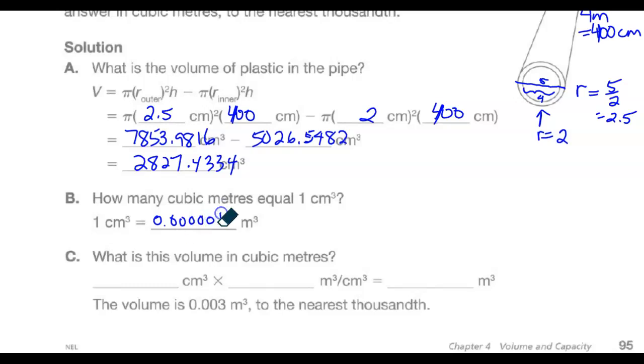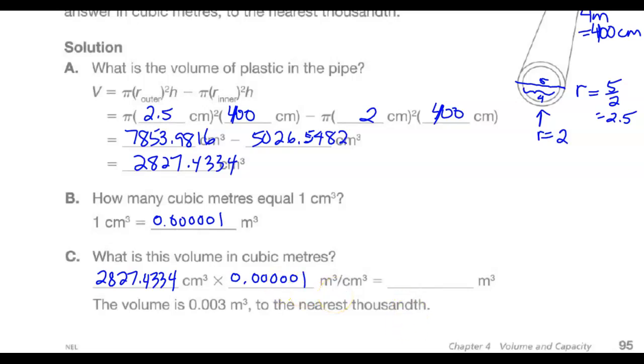So now we would take our answer. Hopefully it's still in your calculator so that you don't have to worry about rounding. Then multiply it together.